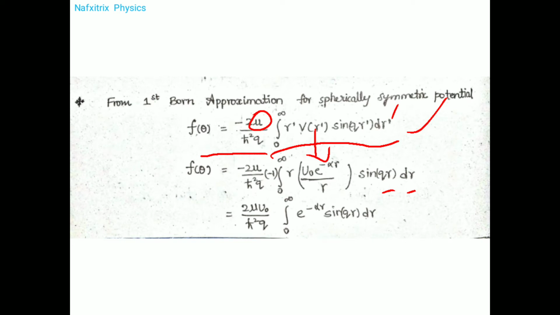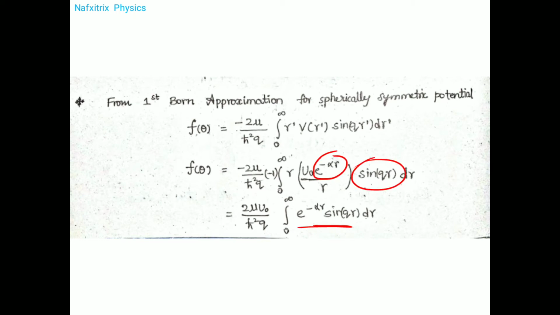The minus could be taken out, so minus into minus becomes plus. U naught is a constant and r gets cancelled. So finally we have 2 mu U naught by h cut square q as the constant, and what remains inside the integral is e power minus alpha r and sine of qr.